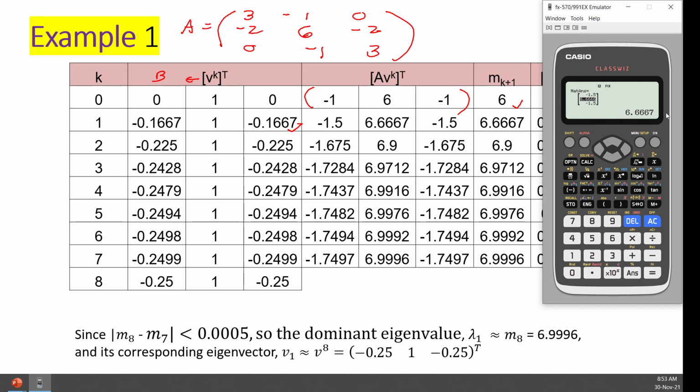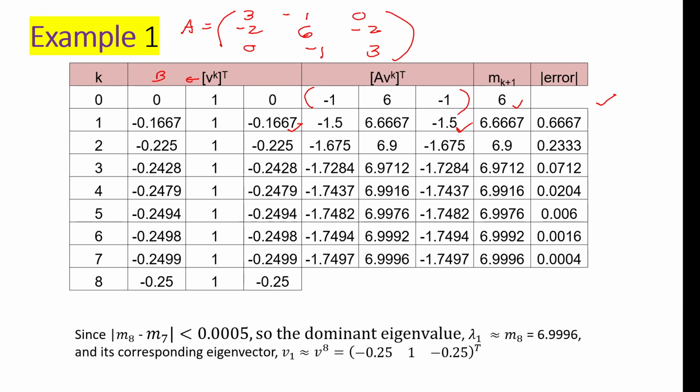When you go down, look at the value at the bottom, 6.6667, which is AV1, the second value, and the third value, negative 1.5. So you complete this one. After you complete AV1, you get three values here. Find the maximum in terms of magnitude, which is 6.6667. So you obtain this one.